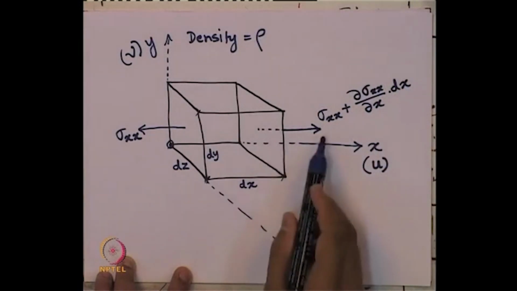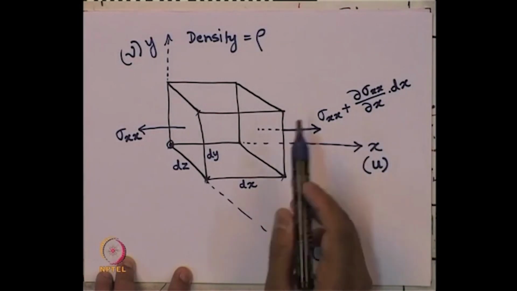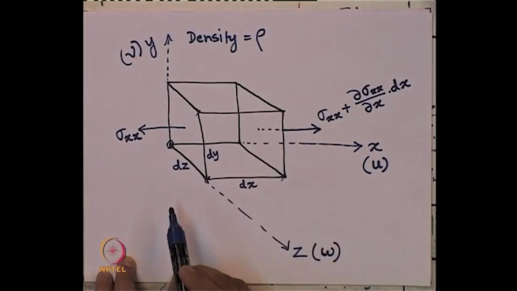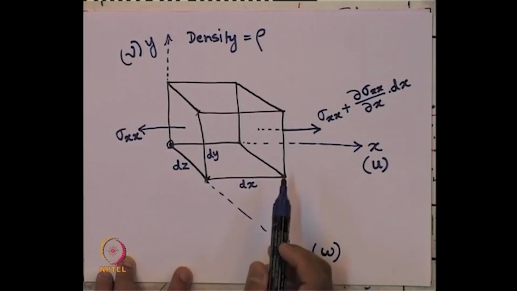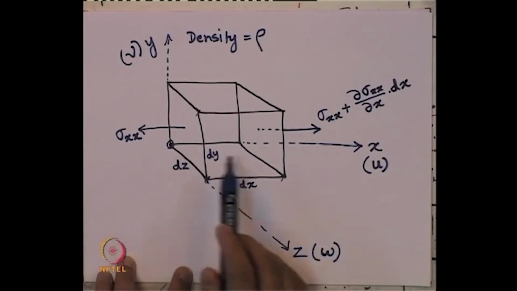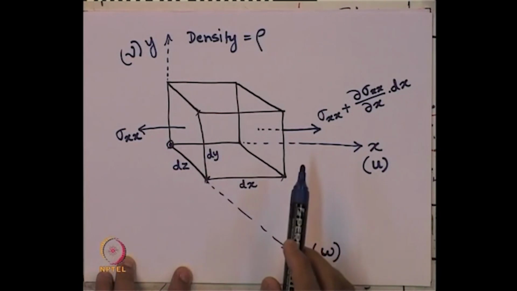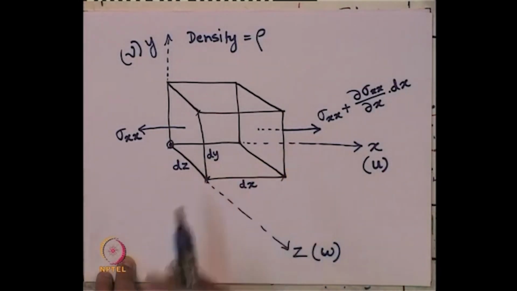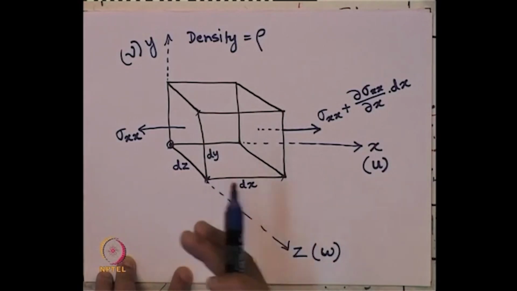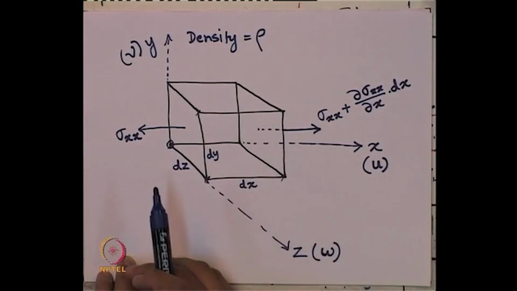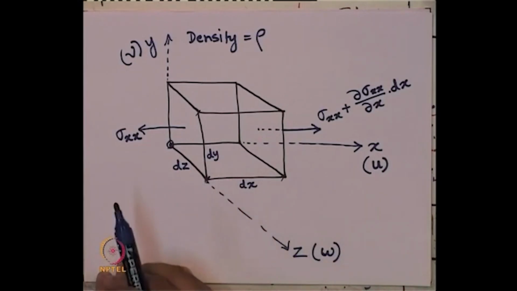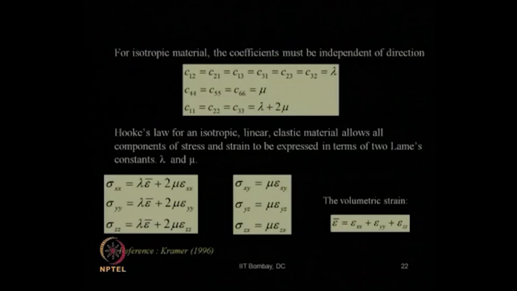That is the increment in the stress on the other side of the element. Why does it happen? Because the wave travels through this media. So, there is an inertia acting on the system, and that inertia will create the stress difference between the two faces. Like we have seen in the one dimensional wave propagation equation also, the similar thing we are observing over here.